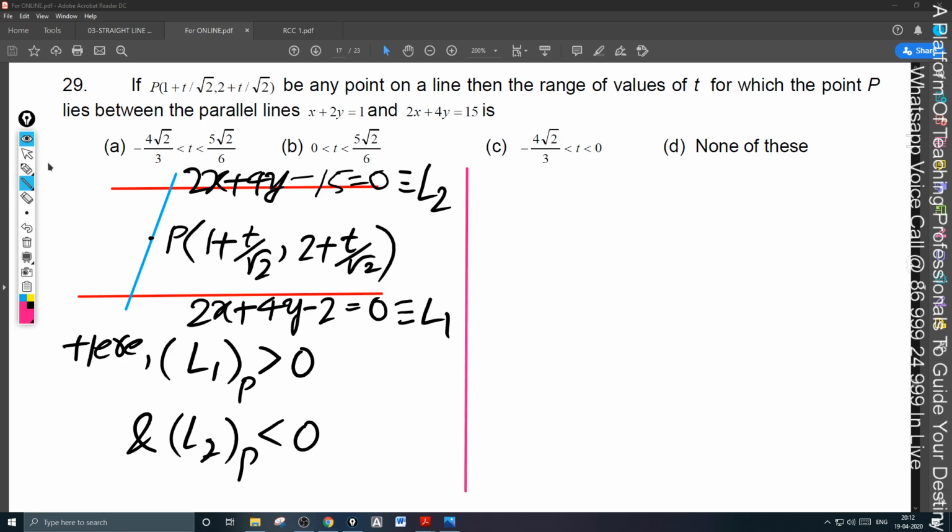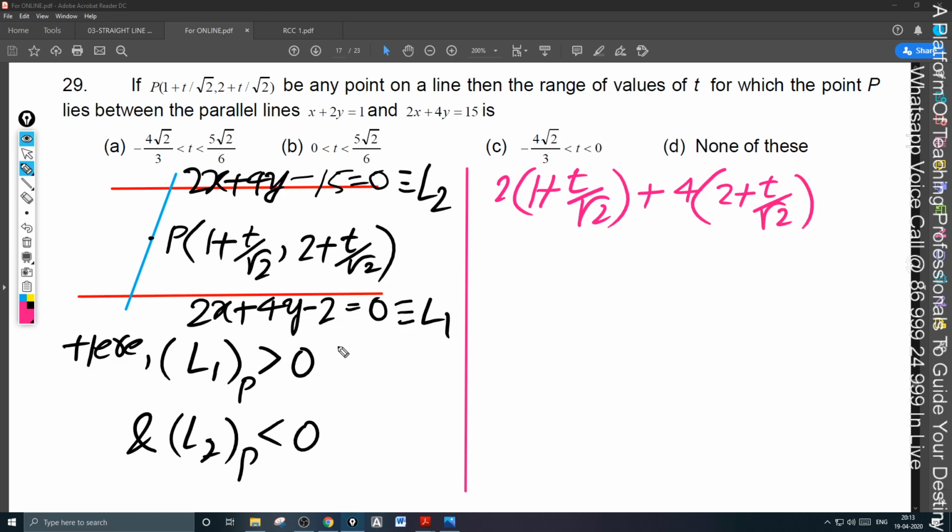Okay, so this one, L1 at P. 2 into (1 plus t by root 2) plus 4 into (2 plus t by root 2) minus 2 must be greater than 0. That means it should be greater than 2.